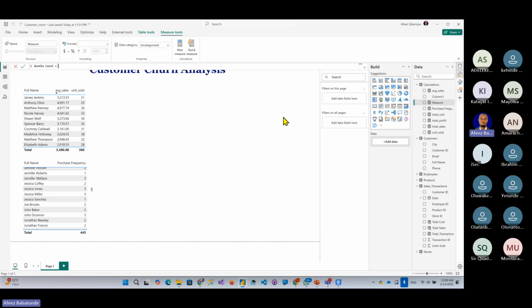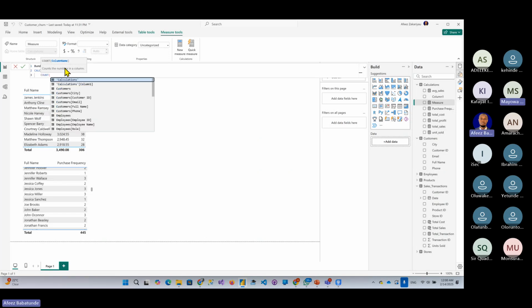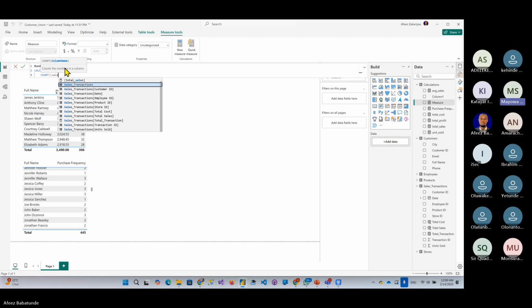So you can do it either that way, or let's do product bundle and say calculate. Let me use count. But what if the product is not bought at the same time? Let's say it's not carrying the same transaction ID.